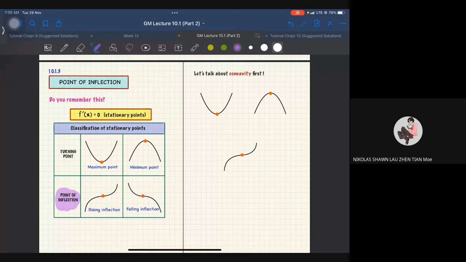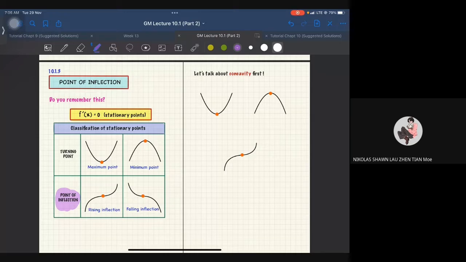So apa yang awak faham dengan perkataan concavity? What do you guys understand about concavity? Tak sure? Okay, tak apa.